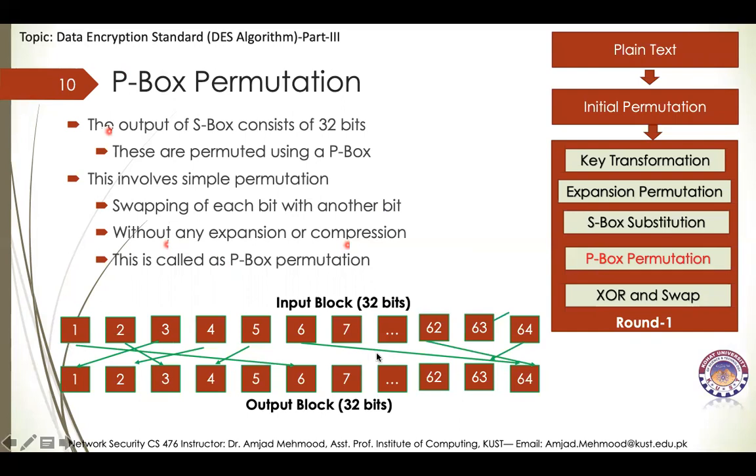Here you can see that we have a 32-bit input, and each bit is replaced with its corresponding number, like 1 will be replaced with 6, 2 will be replaced with 3, 4 will be replaced with 2, and so on. This is how permutation is done, and once the output is produced, it will be passed to the XOR and swap operation.